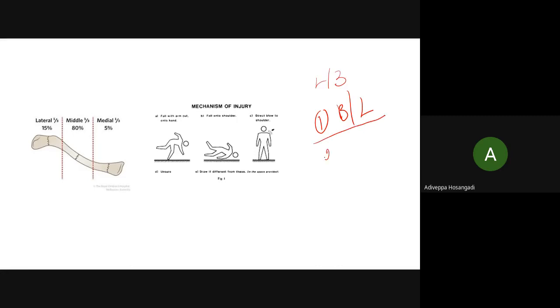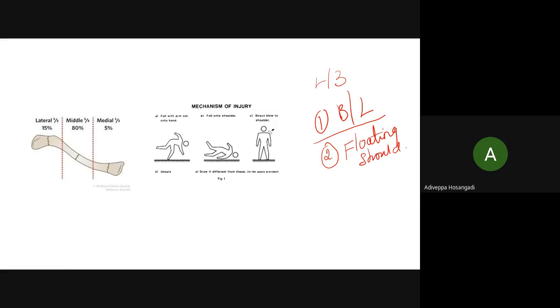Another is a floating shoulder, you remember this word. Floating shoulder means there is a fracture of the clavicle and a fracture of the neck of the glenoid on the same side.